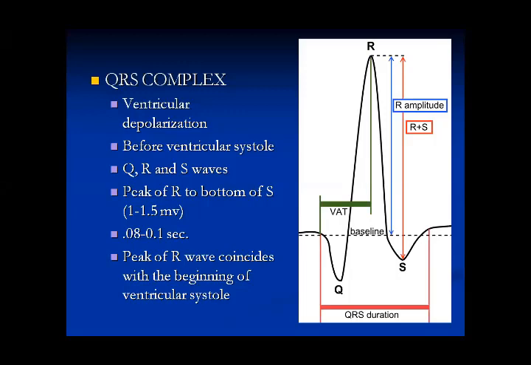That's its amplitude. Its duration is 0.08 to 0.1 second, and the peak of R wave coincides with the beginning of ventricular systole, right? Because we have repeated so many times that the electrical event is going to occur just ahead of the mechanical event, right? Okay.